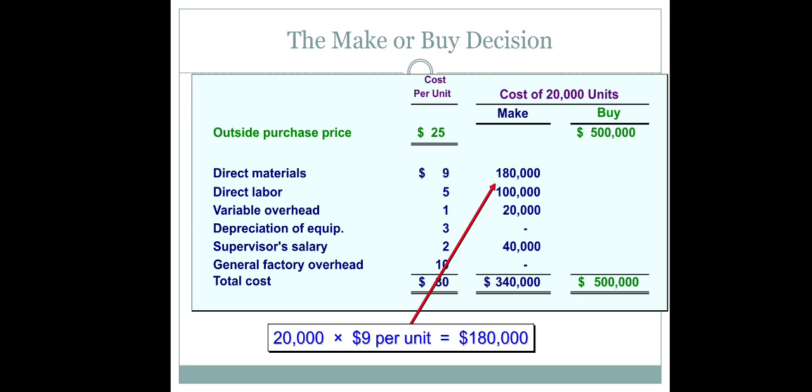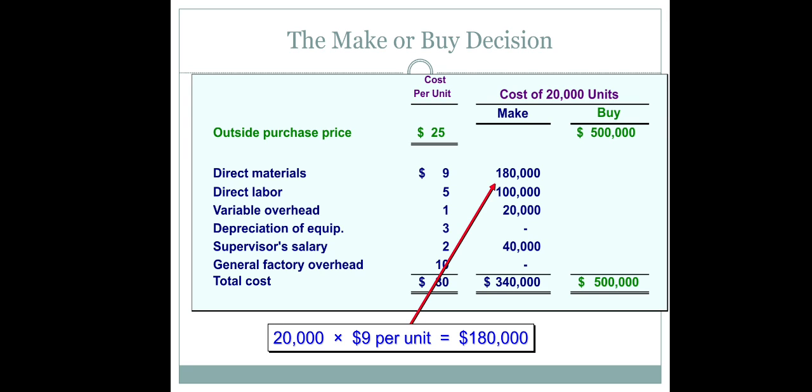Now we focus on the cost of making the part 4A. When you calculate it, remember, you have to include relevant cost only. You don't show the irrelevant cost in the analysis.